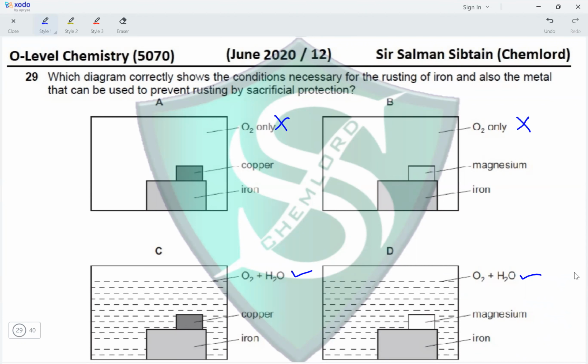And the metal to be used should be more reactive than iron. In C, we have copper. Copper is less reactive than iron. This cannot sacrificially protect iron. And in D, we have magnesium. Magnesium is more reactive than iron, so it will react with water and oxygen more readily than iron, making it the appropriate metal for sacrificial protection. This makes option D the correct option for this question.